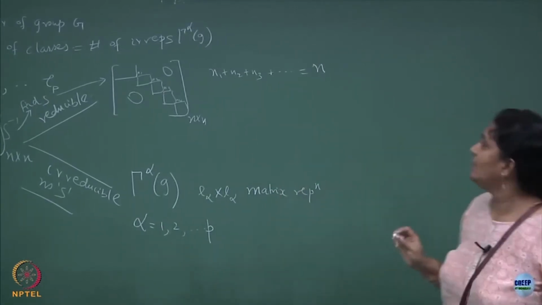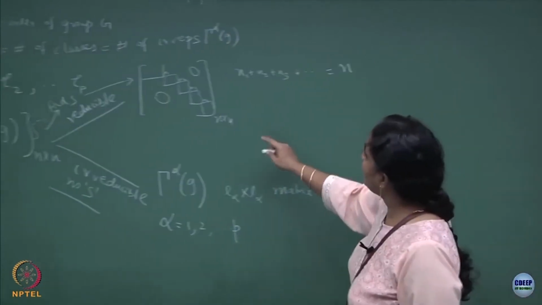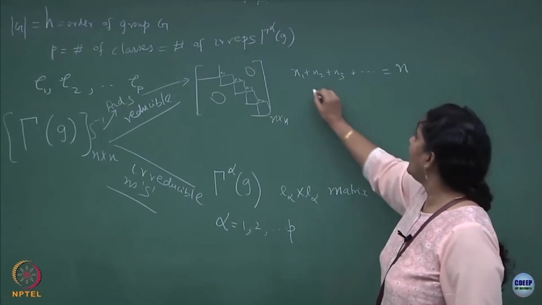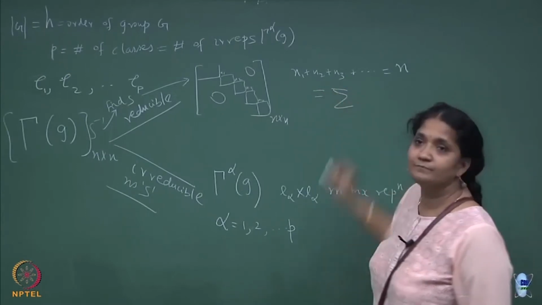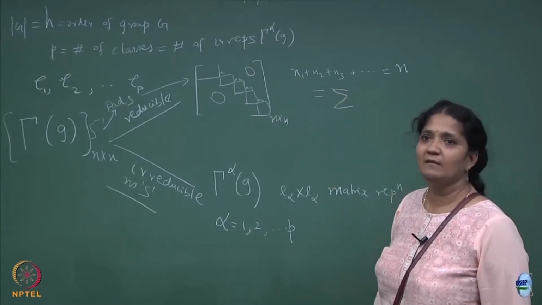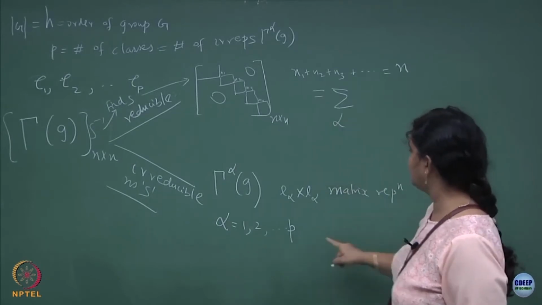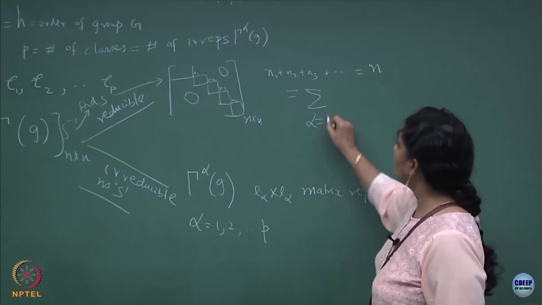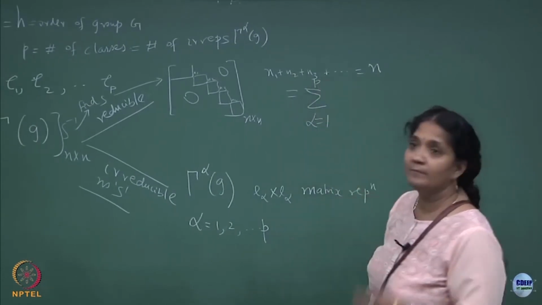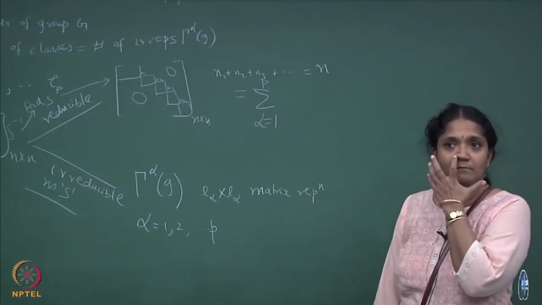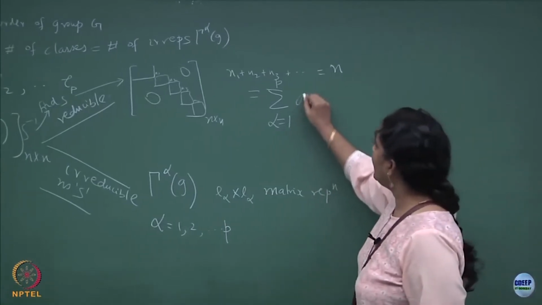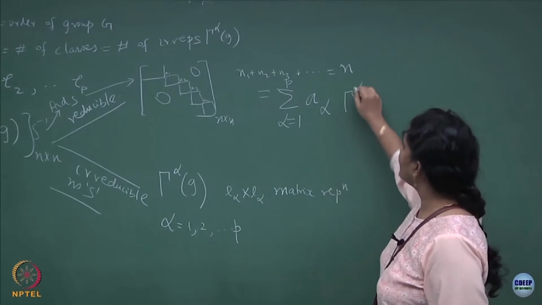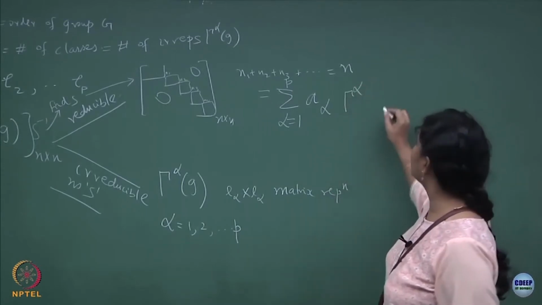The other thing I said is that in principle I can rewrite this as a summation over all the irreps. I am denoting the irreps by index alpha, which goes from 1 to p, A alpha gamma alpha for every element.